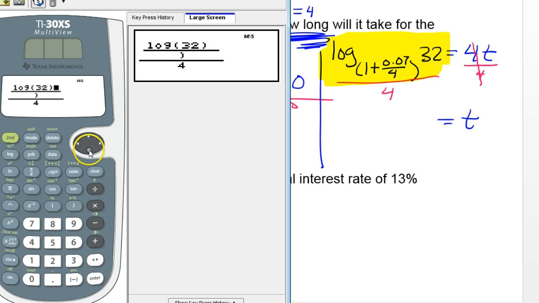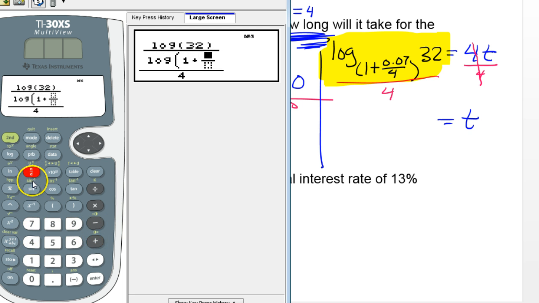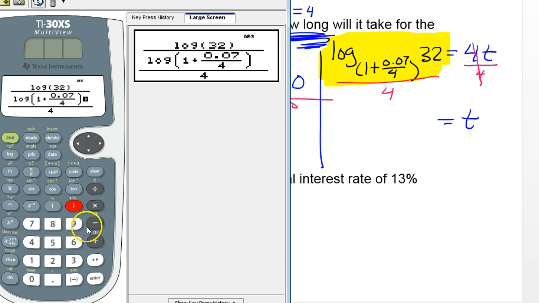Close my parentheses. Over log 1 plus, and of course I'll need another fraction in there for the 0.07 over 4 part. And that's it. That's how you type it into your calculator.